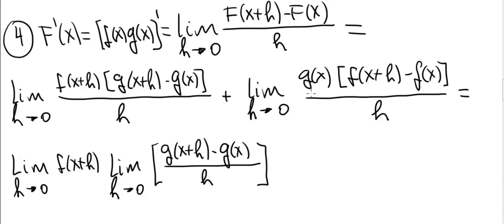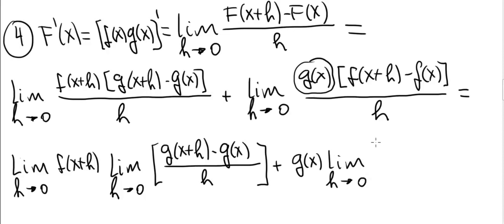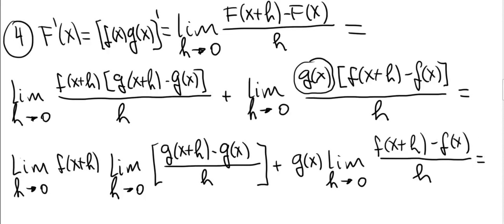And in the second limit, g of x does not depend on h, so we can just pull it out in front of the limit. So it's g of x times the limit as h approaches 0 of f of x plus h minus f of x divided by h. We are now ready to derive the product rule.